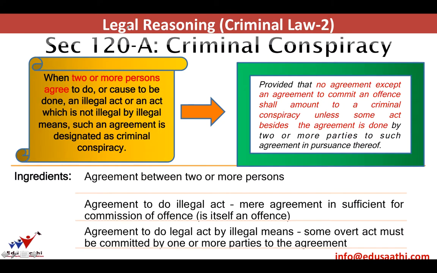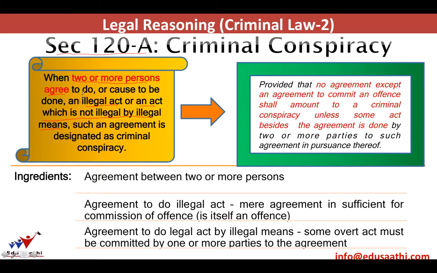So the next concept we understand here is criminal conspiracy. Section 120A of the Indian Penal Code defines criminal conspiracy as when two or more persons agree to do or cause to be done an illegal act, or an act which is not illegal by illegal means. So there are two categories of acts which come into play.